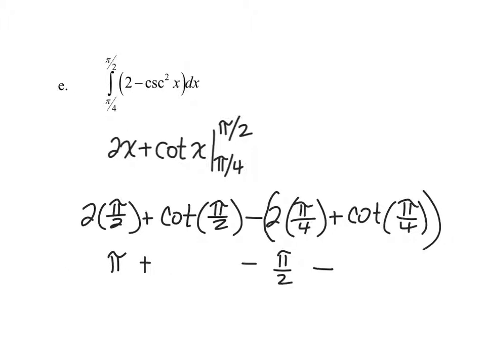All right, so this one's going to zero out. And what is the cotangent of pi over 4? What's the tangent of pi over 4? Tangent 45 degrees? 1. Reciprocal of 1 is 1.